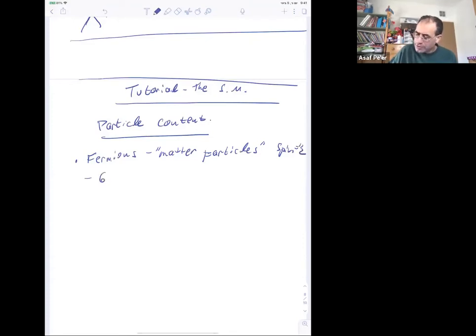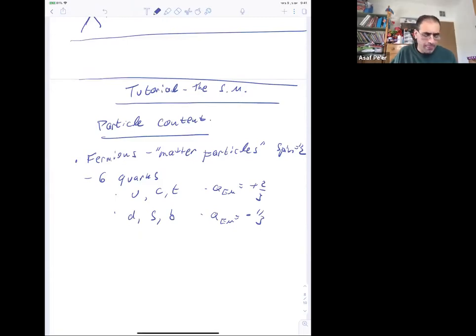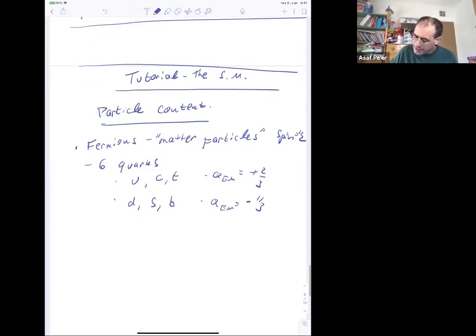We have 6 quarks, which are made of two categories. The up, charm, and top have electric charge of +2/3. And we have the down, strange, and bottom, which have electric charge of -1/3. And we have 6 leptons.